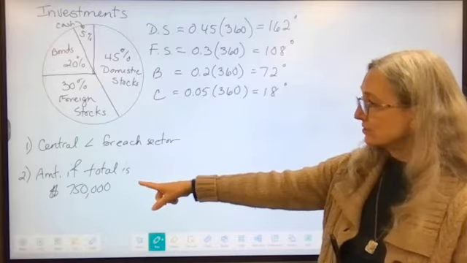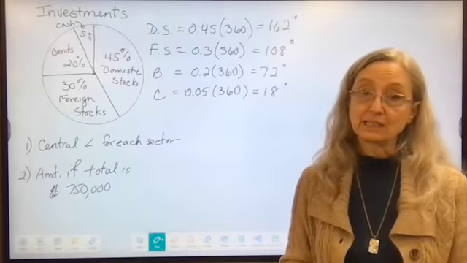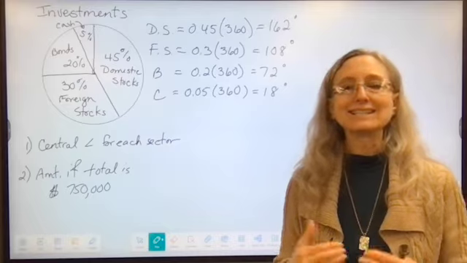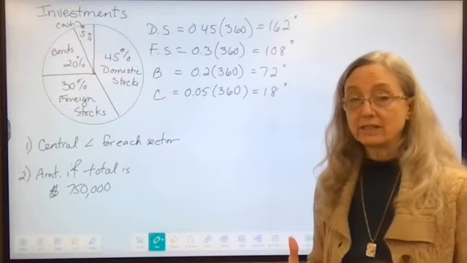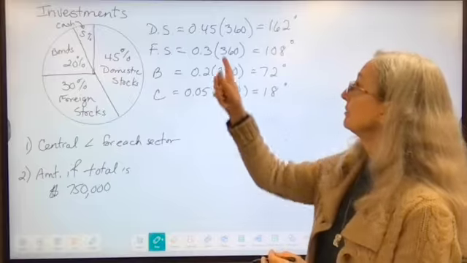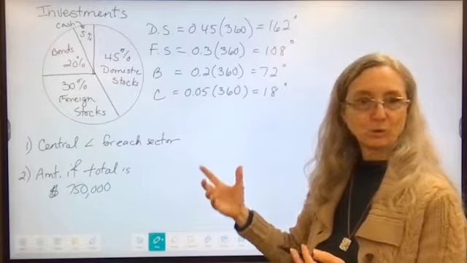Now, how do we answer the second question? What is the amount of money in each account if the total is $750,000? It's the exact same principle. We realized the total number of degrees was 360, so we found that percentage of 360, so we multiplied it.